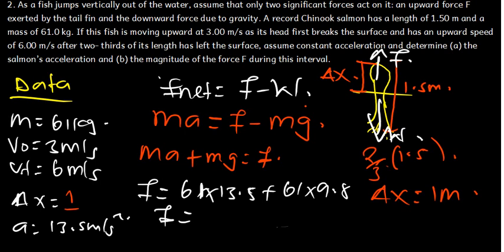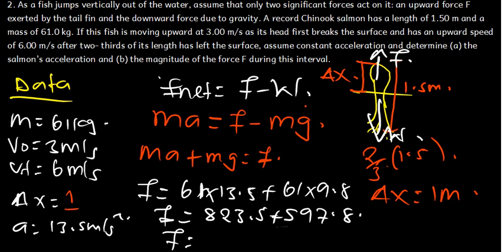I'm getting 823.5, plus now 61 times 9.8. I'm getting 597.8. So we add those two.